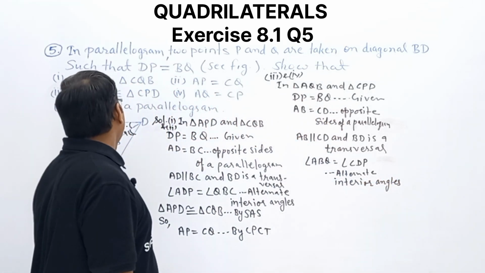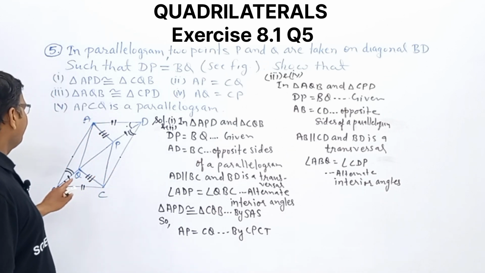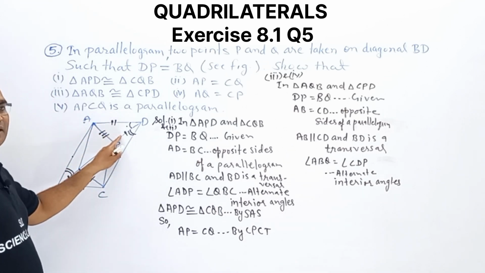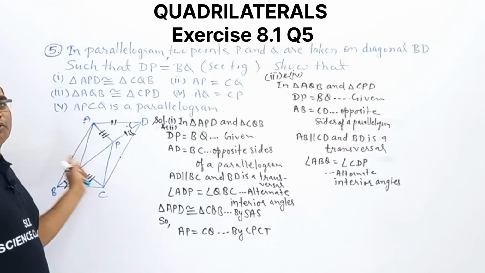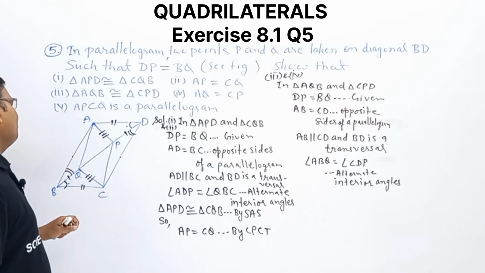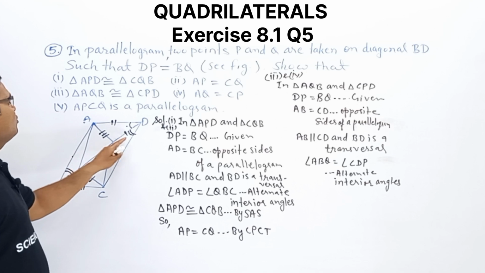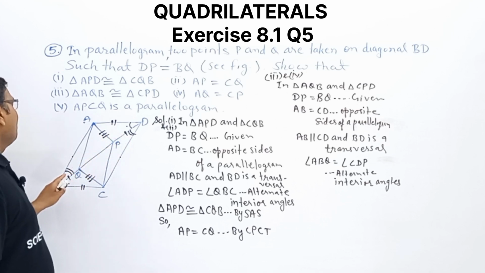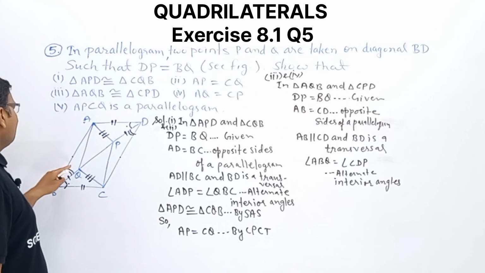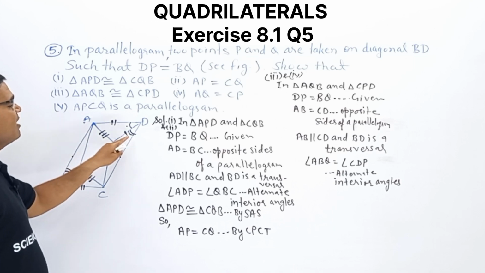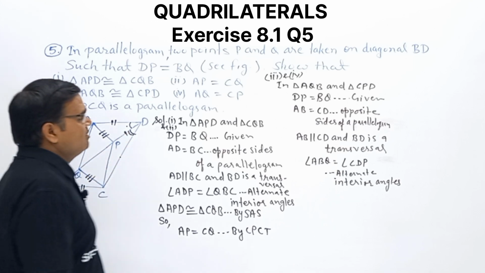Clear? So for these two triangles, this side equal to this one, that one is given in the question. This is equal to this one because they are opposite sides of a parallelogram. And this angle equal to this one because these two are parallel lines and BD is transversal, then this will be equal to this one, because they are alternate interior angles.